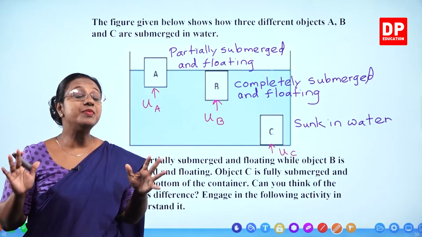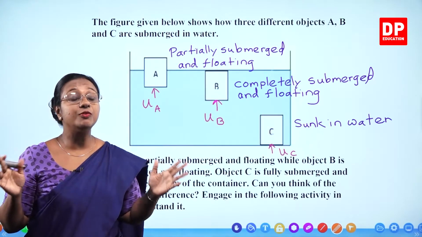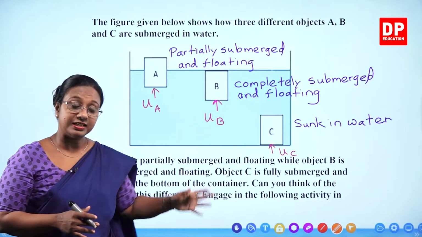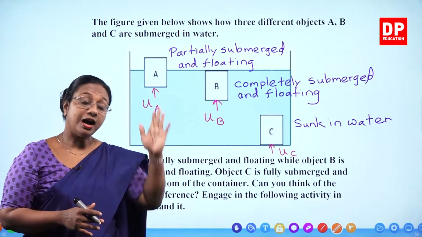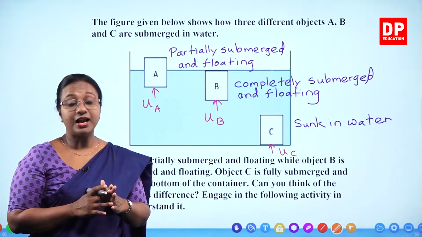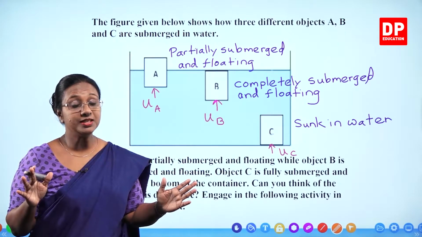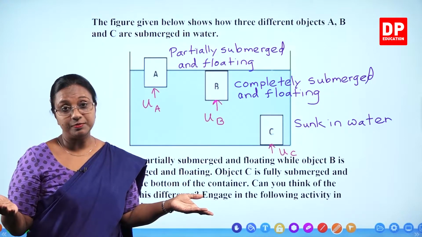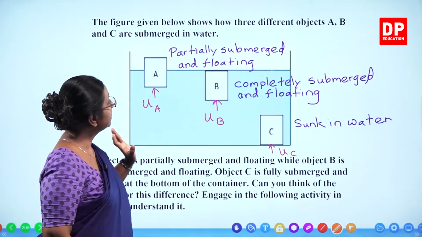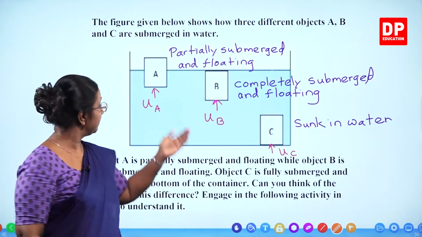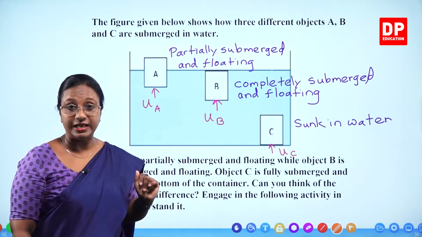So again, something similar to what you have learnt with forces, students. You all know weight is a force that is acting downwards. Upthrust is a force that is acting upwards. So when they are equal and opposite, there is equilibrium. If it is partially submerged and floating, still there is equilibrium between upthrust and the weight.